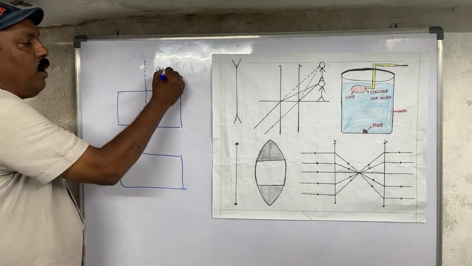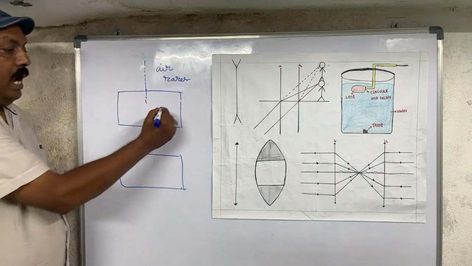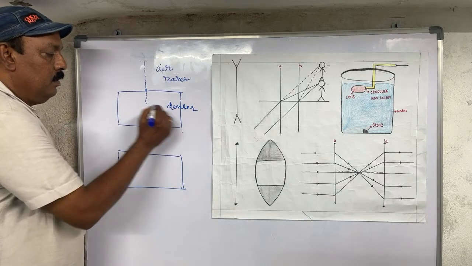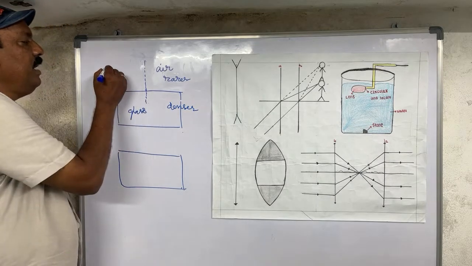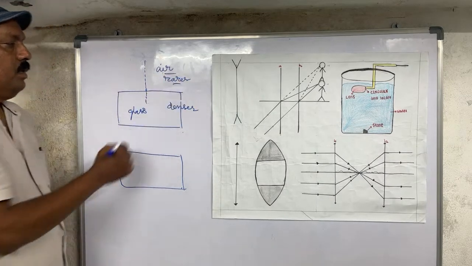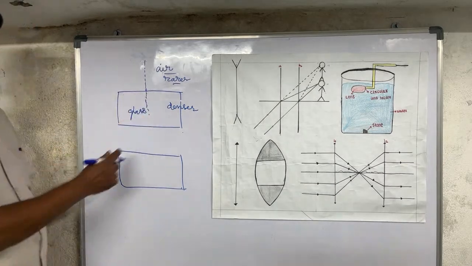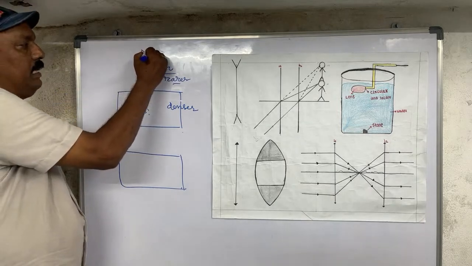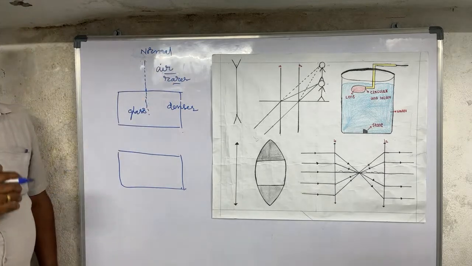The air is what we call the rarer medium, and this glass is what we call the denser medium. When light enters at the midpoint of this glass, the midpoint I decided here, that we call the normal.